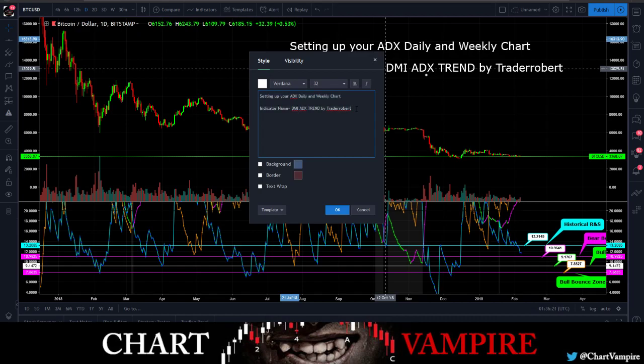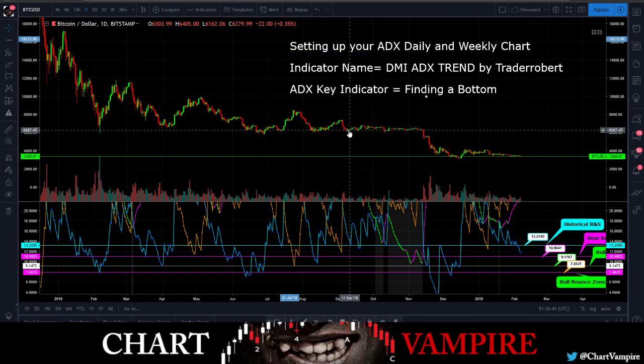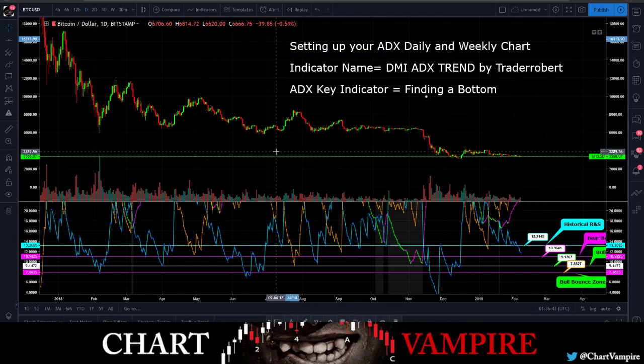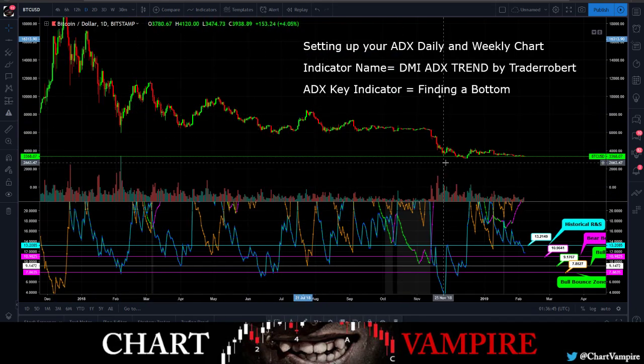The ADX key indicator equals finding a bottom. One of the things this does absolutely amazingly is it helps you find the bottoms, right? This is the bottom of any trend and or a stop and reverse.